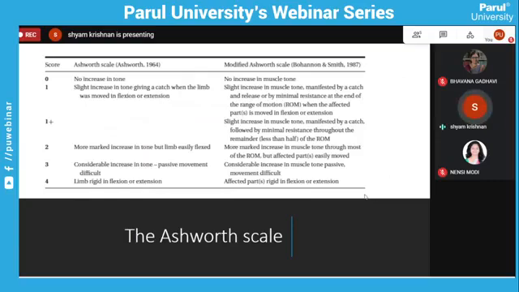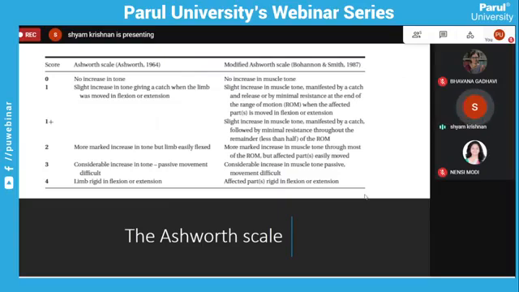Based on these qualitative experiences or clinical measurements, there are two which we are going to discuss now. One is basically the Ashworth scales, because there are two, there is Ashworth and the modified Ashworth. Now this essentially describes, if you see the points in the Ashworth scale, the kind of experience that you are going to get when you move a person's limb or a segment.